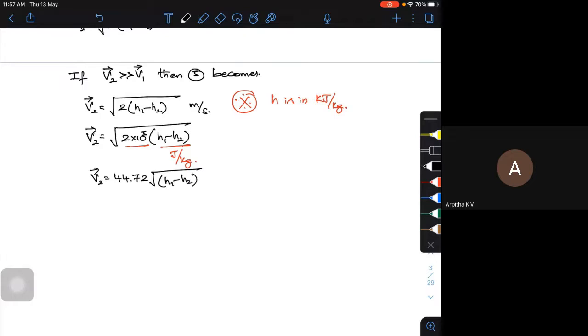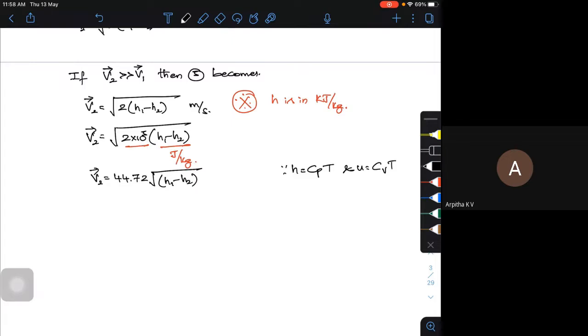Or if I want to substitute, we know that H is equal to Cp into T, because U is equal to Cv into T. This you might have studied in your basic thermodynamics. H is proportional to temperature, U is also proportional to temperature.